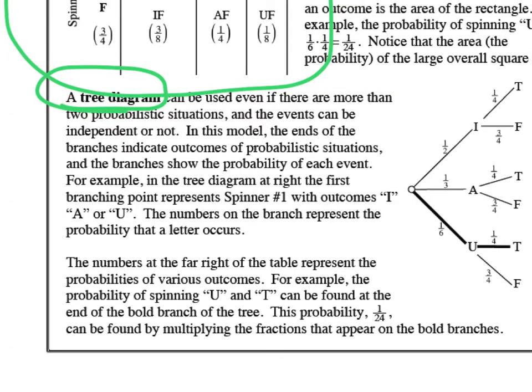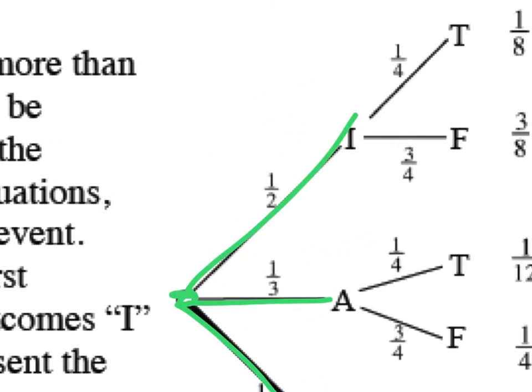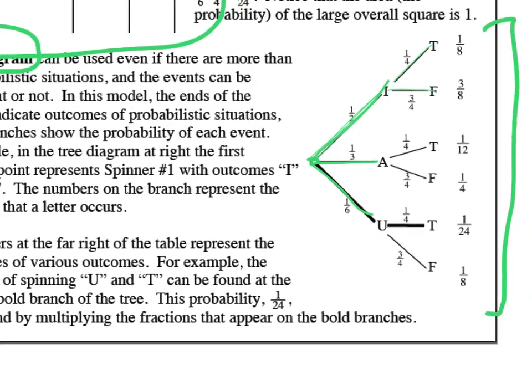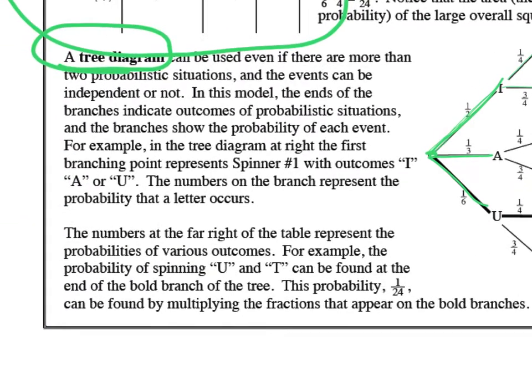So for example, if you started right here, we could spin and we could get an I, or we could get an A, or we could get a U. And then from that first one, if we got an I, remember, the second spinner we could have gotten an F or a T. And so the probability model starts by just branching out like a tree does.